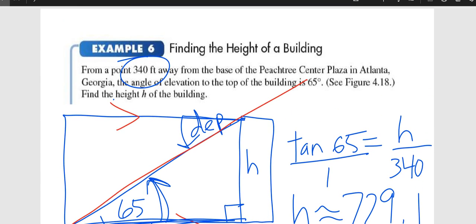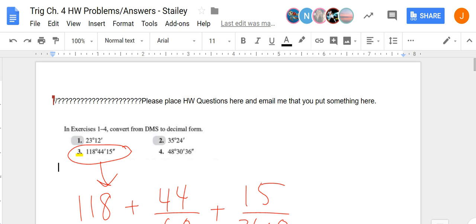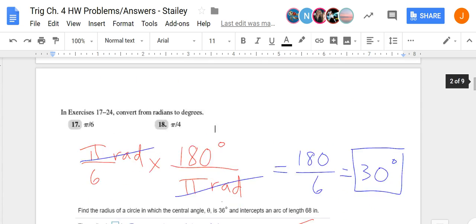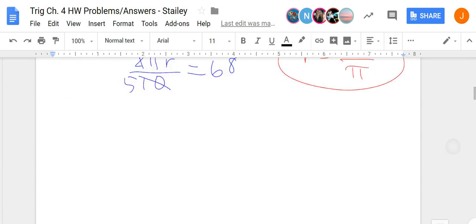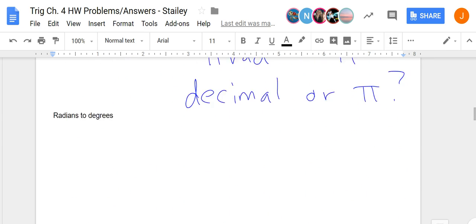All right, now, that's the end of those notes. Does anybody have any problems that they've posted over here in the document that I haven't gotten to?